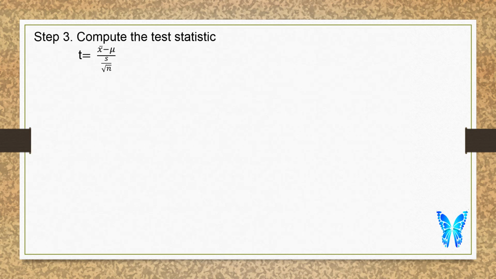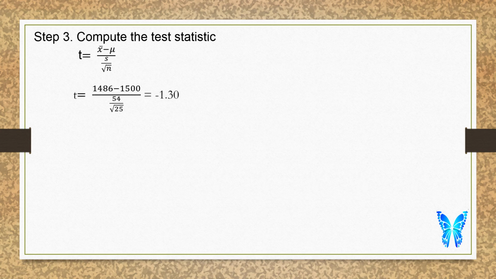Then for step number 3, this is now the time that we compute the test statistic. The type of statistic that we are going to apply in this second problem is the t-test, because n is less than 30. So we have here the formula: t is equal to x bar minus the population mean over s over the square root of n, where s is the standard deviation and n is the sample size.